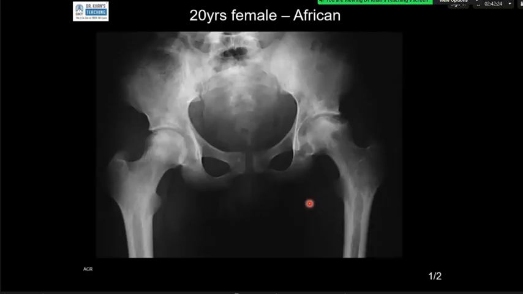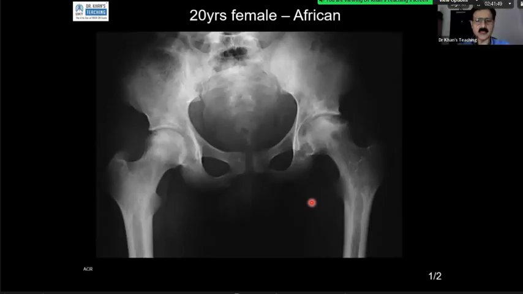There are also generalized sclerotic changes seen in all the visualized bone. The right also has sclerotic changes, but less evident than the other hip joint. In conclusion, maybe AVN, avascular necrotic changes of the hip joint, more on the left side.